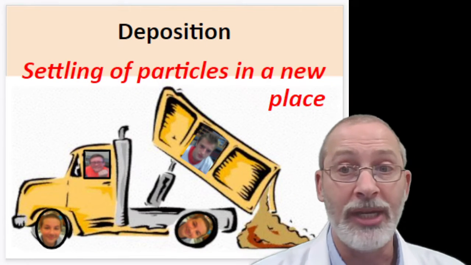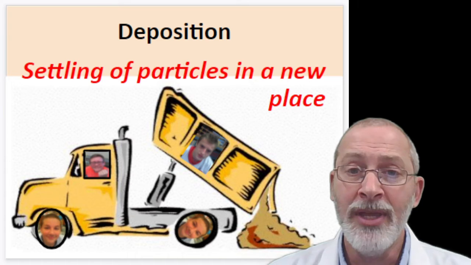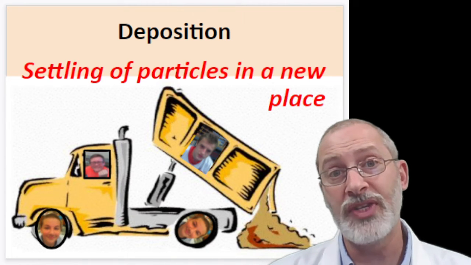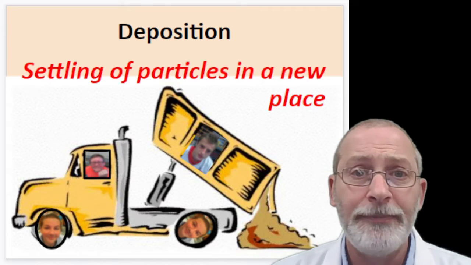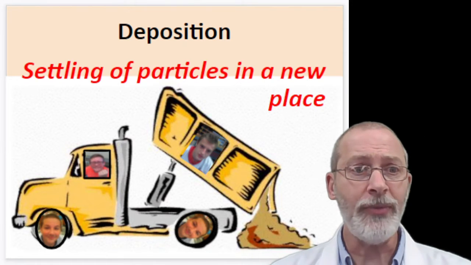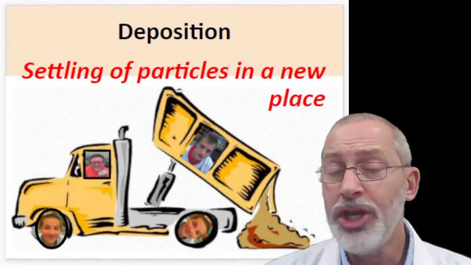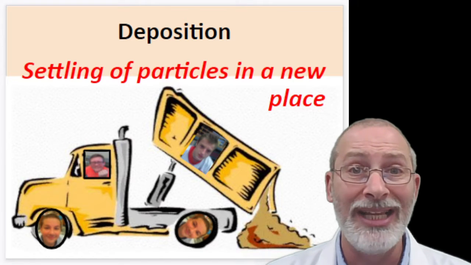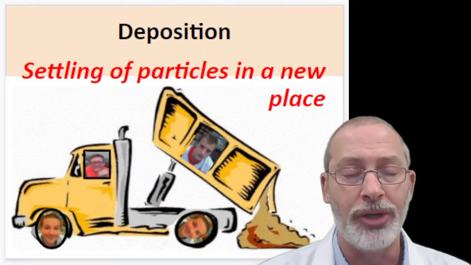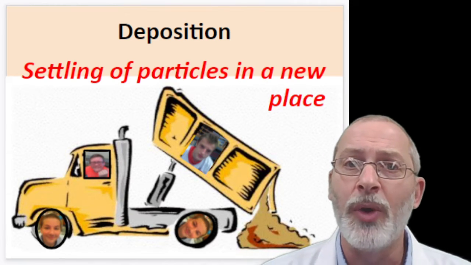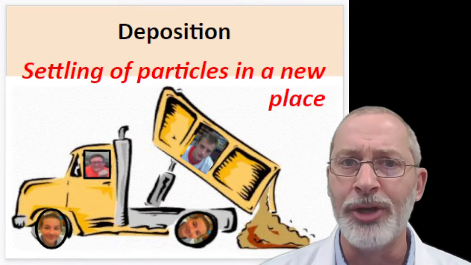Deposition can be described as the settling of particles in a new place. So whenever you have erosion, the movement of particles, you're going to have those particles settling down somewhere. Typically, in nature, they settle down somewhere where there is less energy.